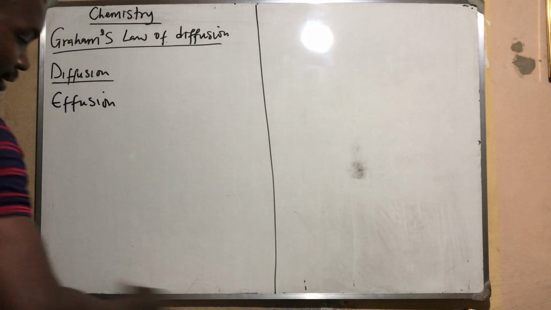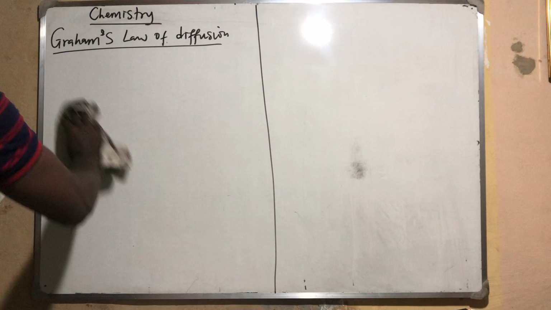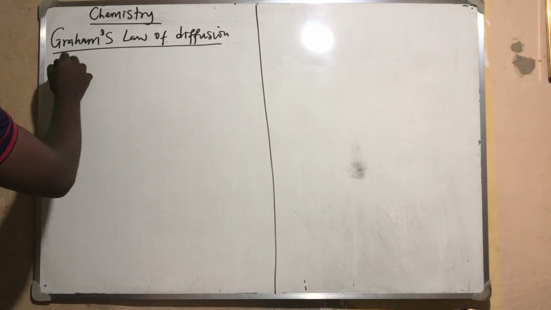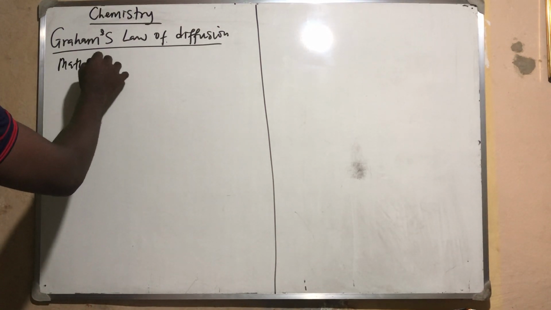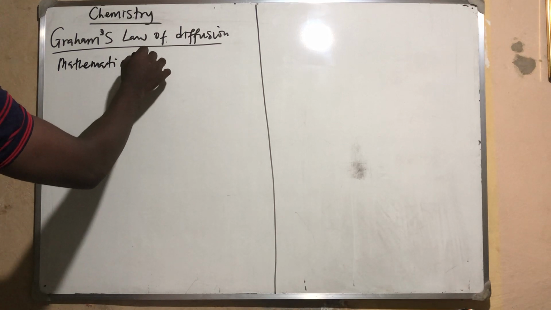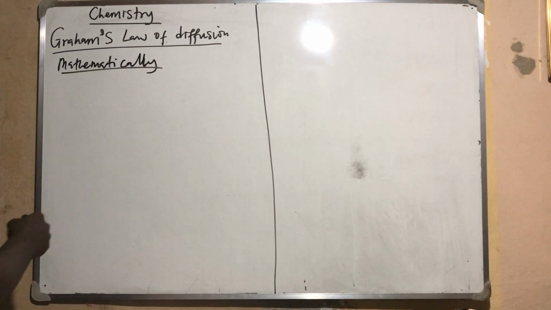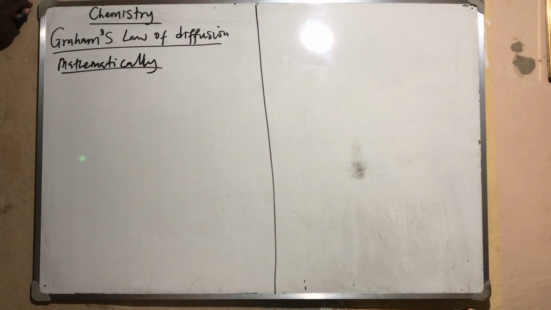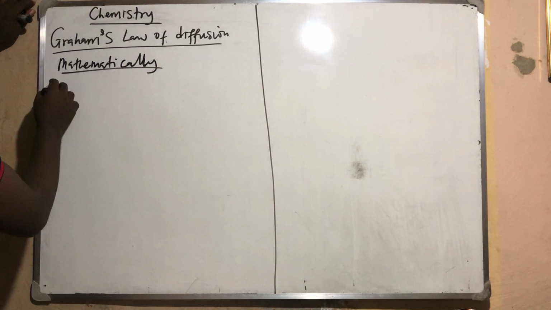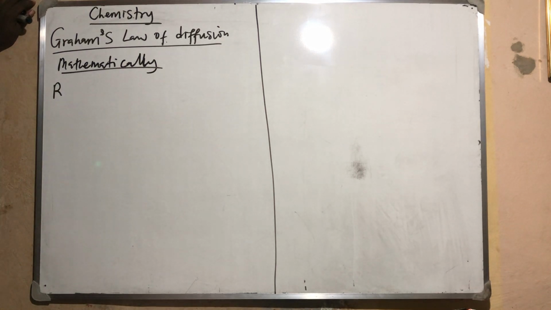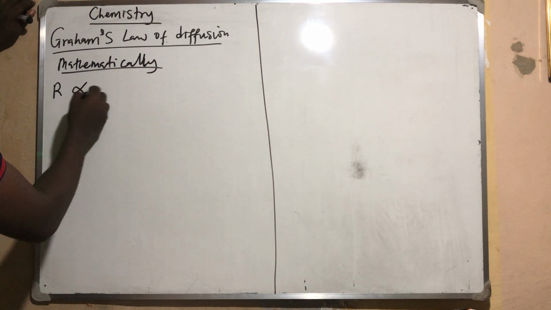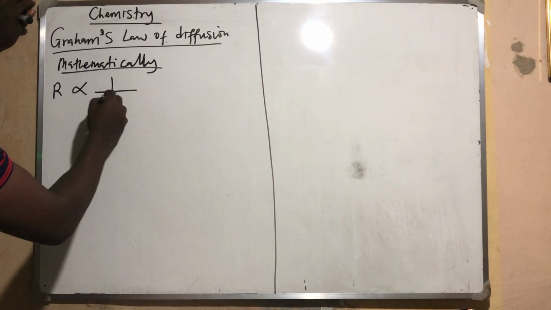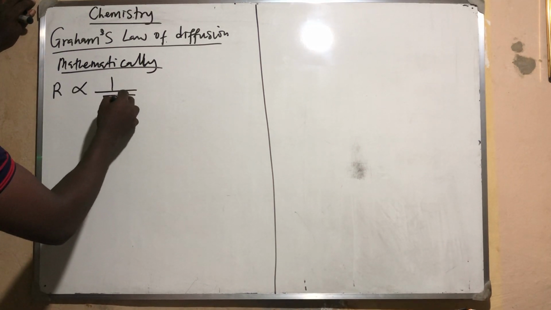So let's talk about this mathematically. Graham's law of diffusion states that the rate of diffusion, let's call it R, is inversely proportional to the square root of its density.